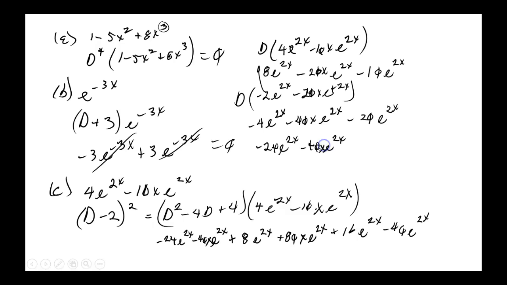That's what I left off there. Alright, still finding my way here, sorry. So you got a minus 40x e to the 2x, and another minus 40x e to the 2x, plus 80x e to the 2x. That adds to 0. And here we have 8 plus 16 is 24. That adds to 0 too. So, sure enough, that worked. Okay?